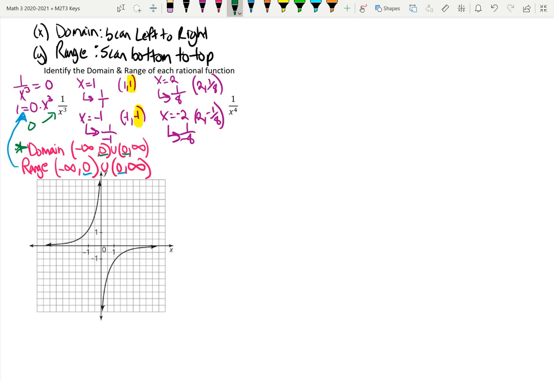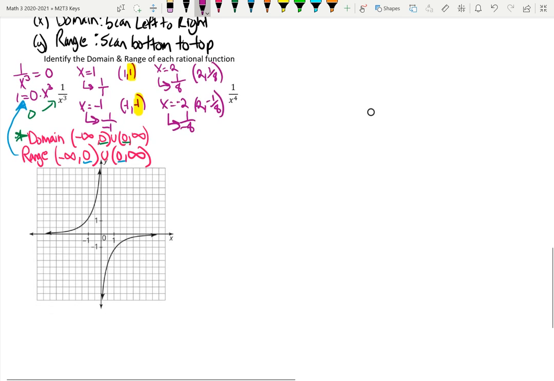So the same idea, I'm just doing some theory crafting. If you notice, I test a positive and I test a negative. I always like to test the easiest number available. When x is 1, it's going to produce 1 over 1. When x is -1, now this is where it gets dicey. -1 to the 4th power will produce a positive 1.